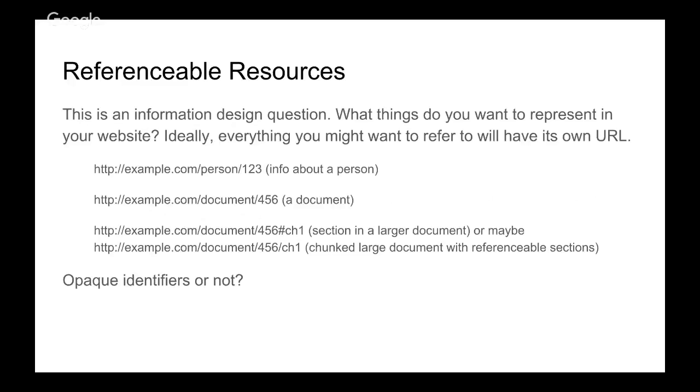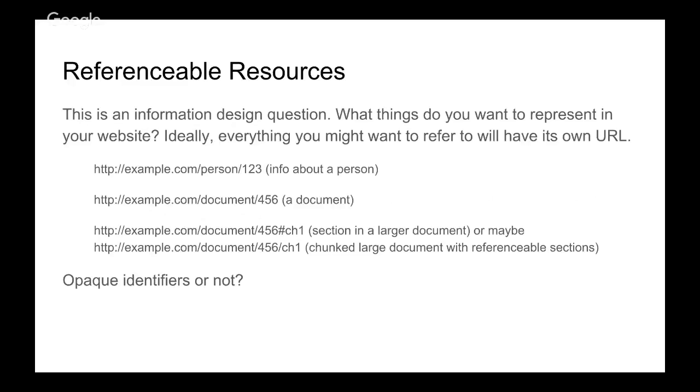If it's a document, how are you going to refer to parts of that document? How are you going to allow people to cite or bookmark pieces of it? So you could give people the whole document, maybe it's a whole book, maybe it's something really large, and you just have kind of identifiers for sections. Or maybe you took that large document and you broke it up into chunks. If it's a book, maybe you broke it up into chapters, for example, and each chapter has its own URL.